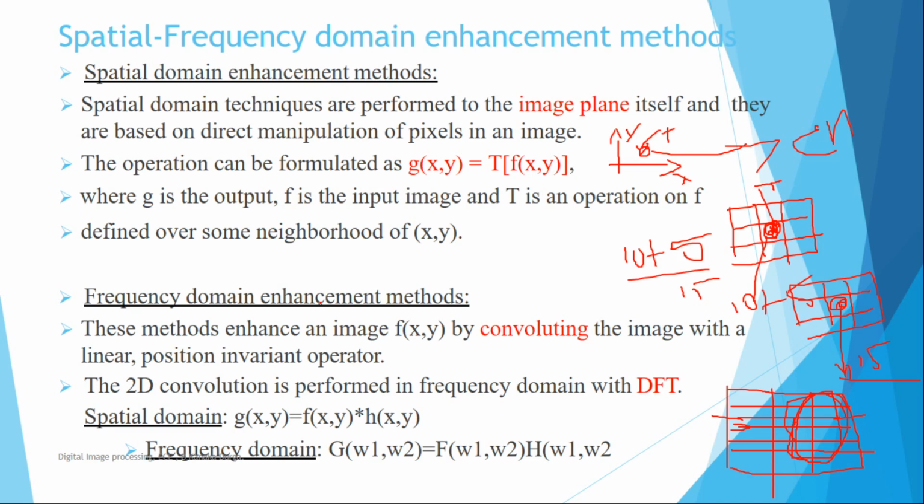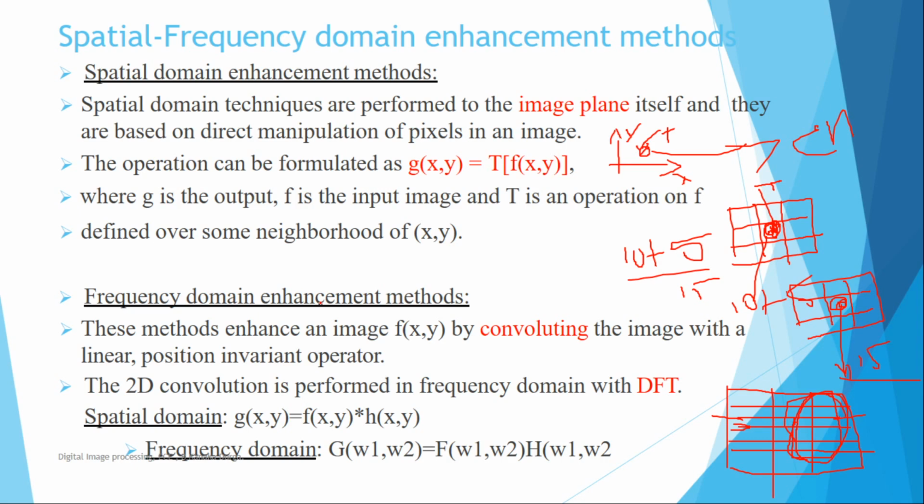The first one is that more information is available for the images in the frequency domain, and the second one is that the calculations and manipulations of the images are very easy in the frequency domain.